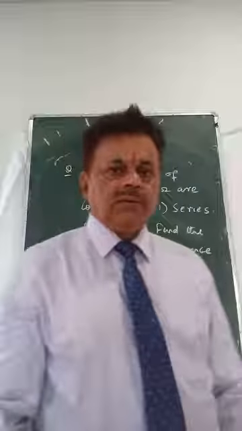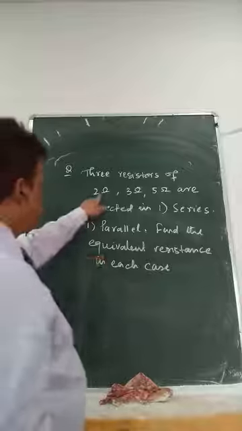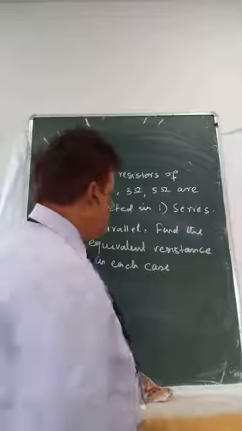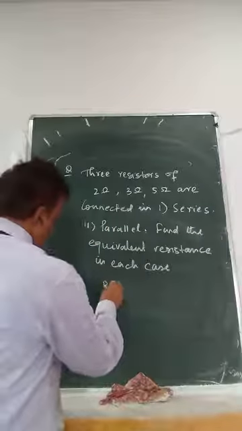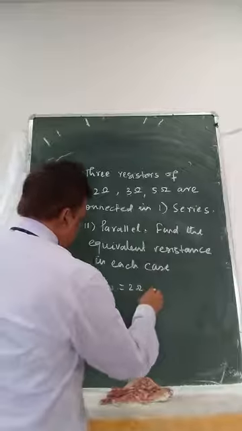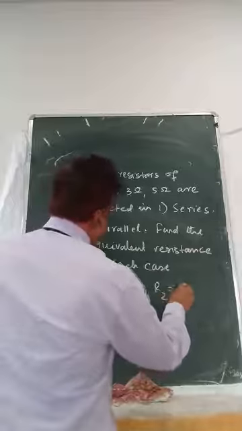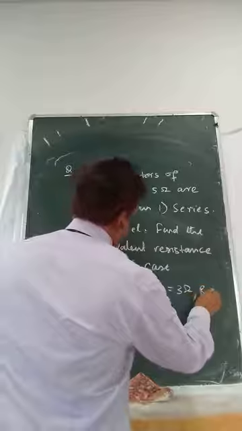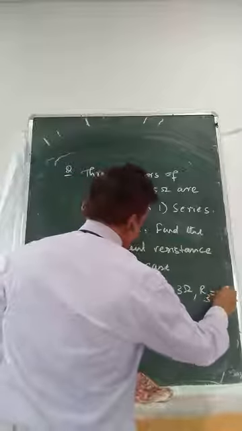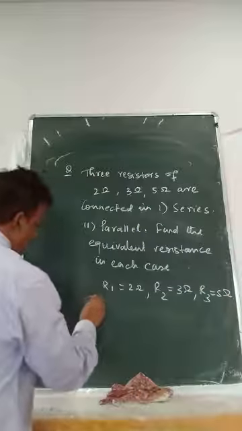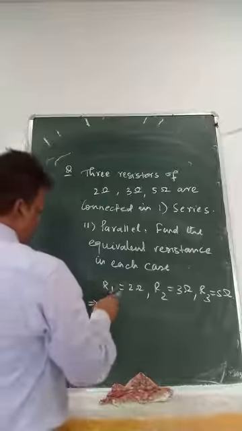Okay, so look at here. Three resistors are given. R1 equals 2 ohm, R2 equals 3 ohm, R3 equals 5 ohm. What do you find?